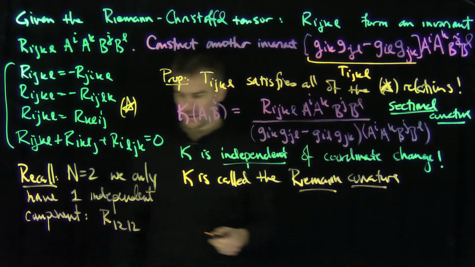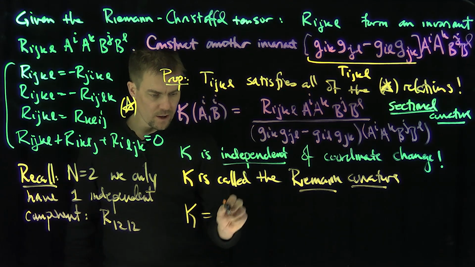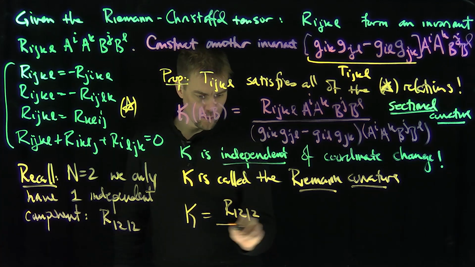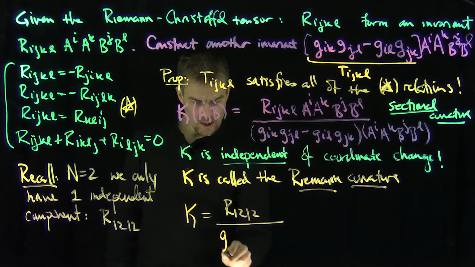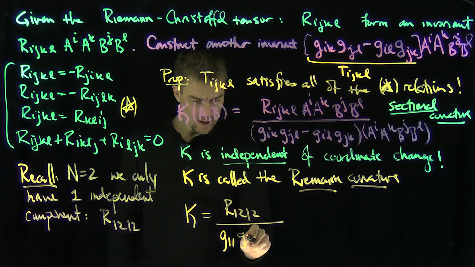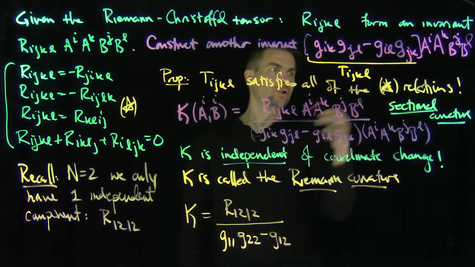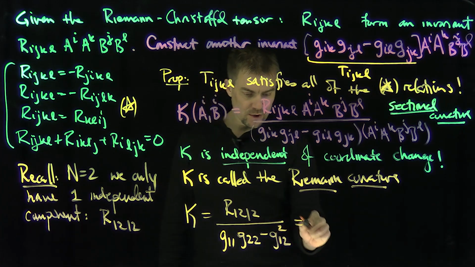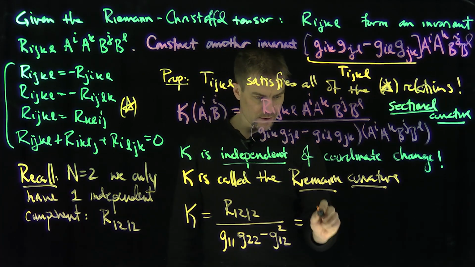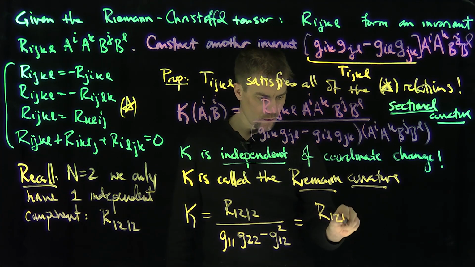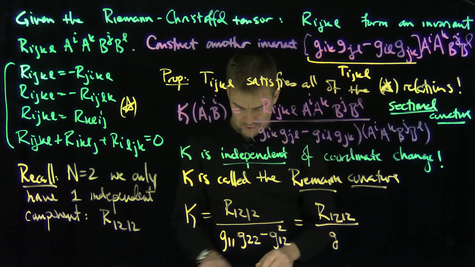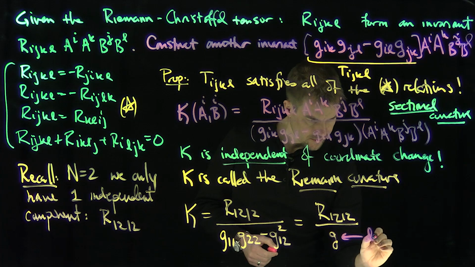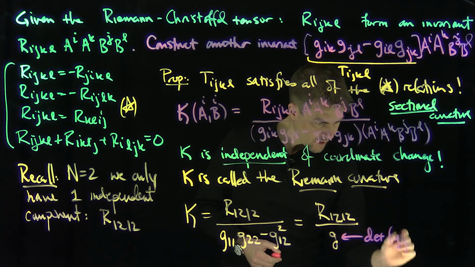So for a two-dimensional space, K will be R_1212 over G_11 G_22 minus G_12 G_12, that's G_12 squared. Of course, that's just the determinant of the metric tensor. So this is R_1212 over G, where G is the determinant of the matrix G_ij, the metric tensor.